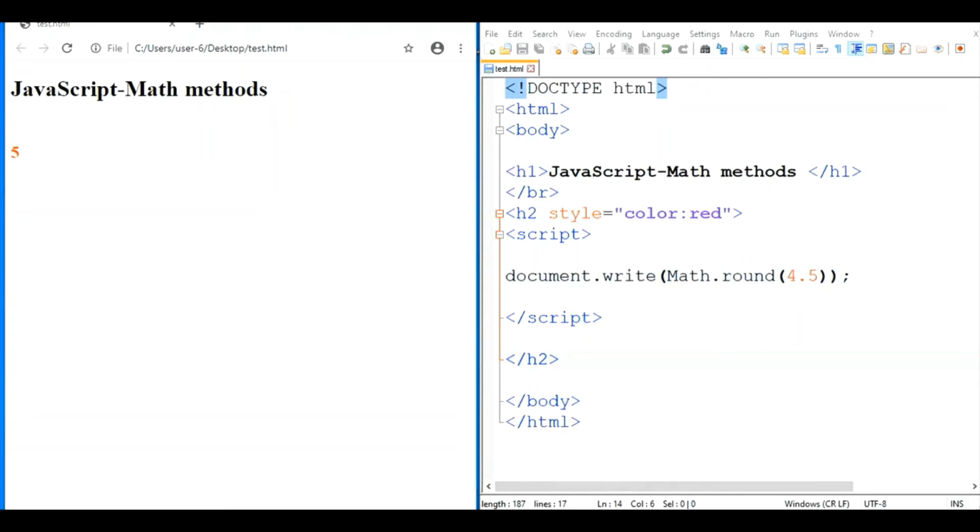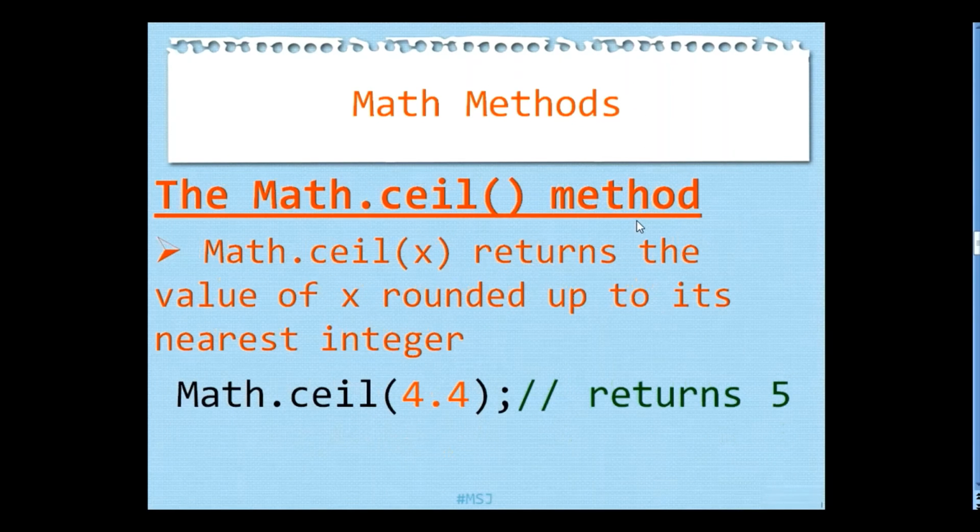Next we see one more method, ceil. There are two methods, one is ceil and the second one is floor. This ceil method, like ceiling, returns the value of x rounded up to its nearest integer.